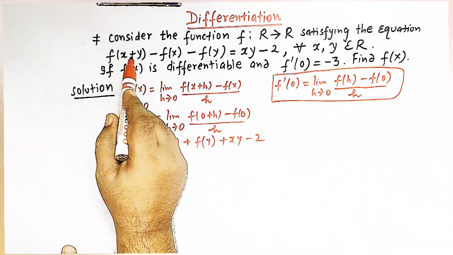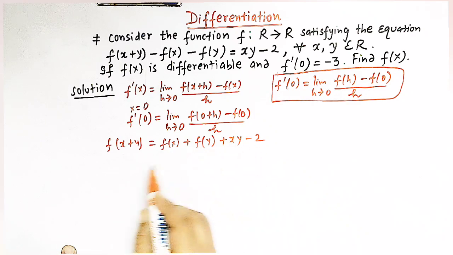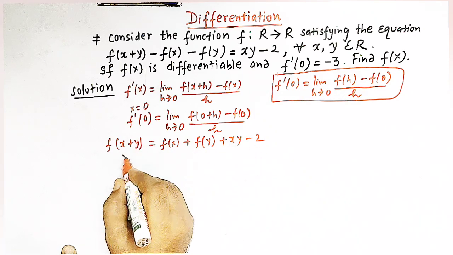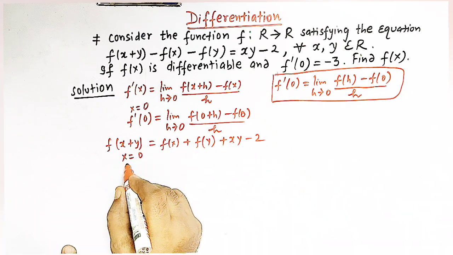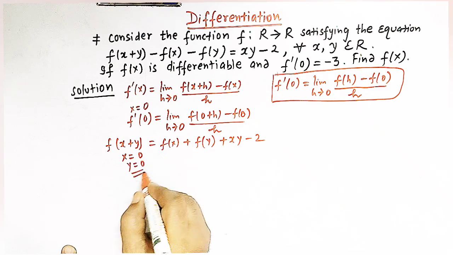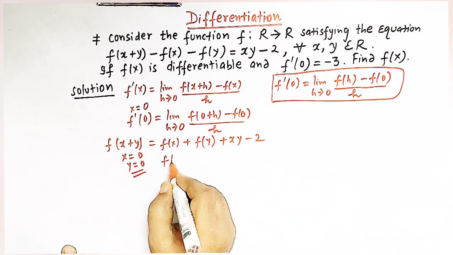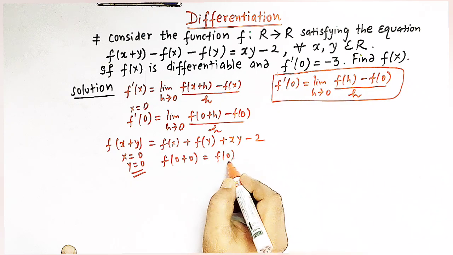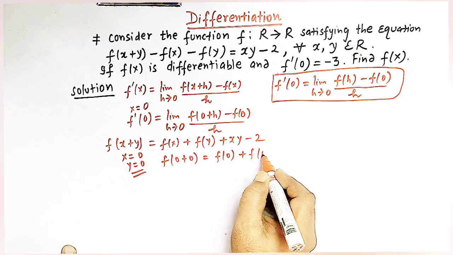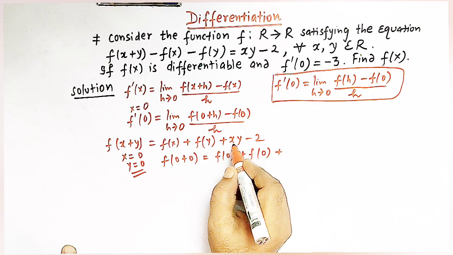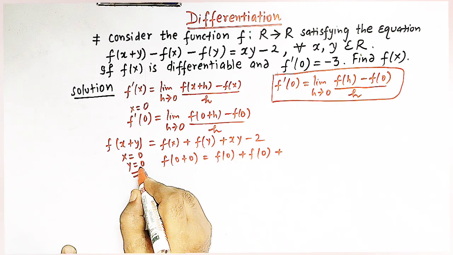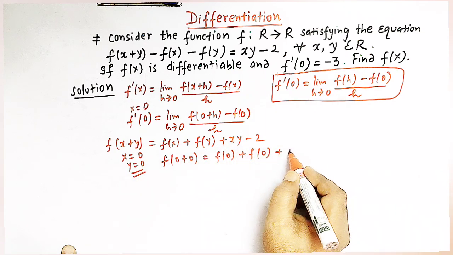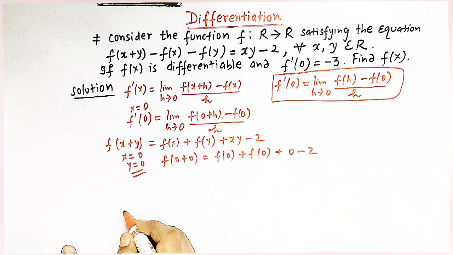So now this equation can be written like this, and let us substitute x is equal to 0 and y is equal to 0. So we have f of 0 plus 0, here we have f of 0, f of 0, and here x is 0 and y is 0, so this term is 0, and we have minus 2.